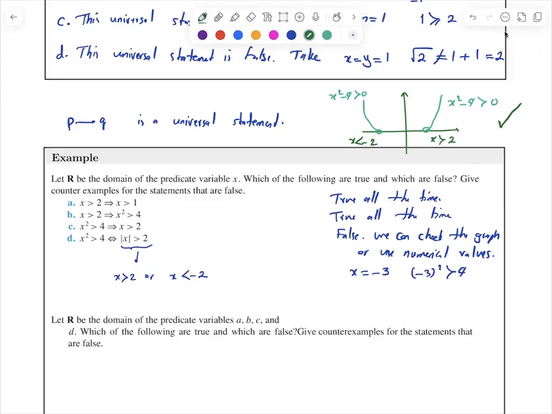Now take a look at the y values. X squared minus 4 is saying that this portion of the inequality, x squared minus 4, is positive, which is exactly what we showed from the graph in quadratic form. So remember that in general, if you have absolute value of x more than a, it means that x is more than a or x is less than -a. This is what we learned from algebra.